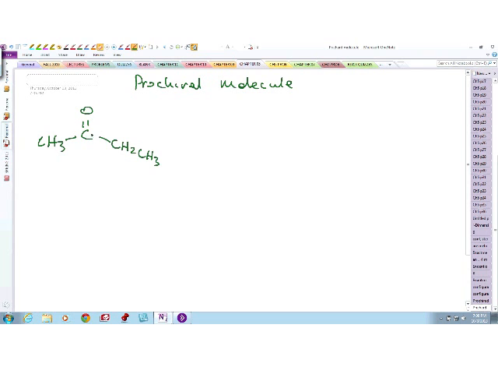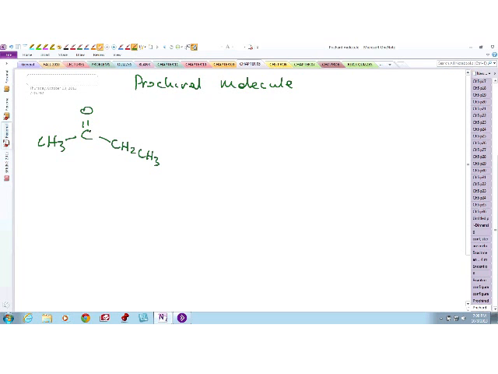This carbon here, what is the hybridization of this carbon? sp2, very good. Okay, so I'm going to show you this model. Imagine that this is your sp2 carbon.